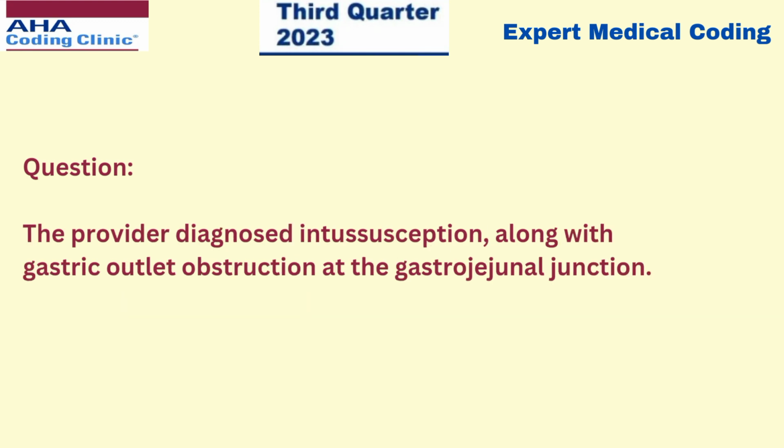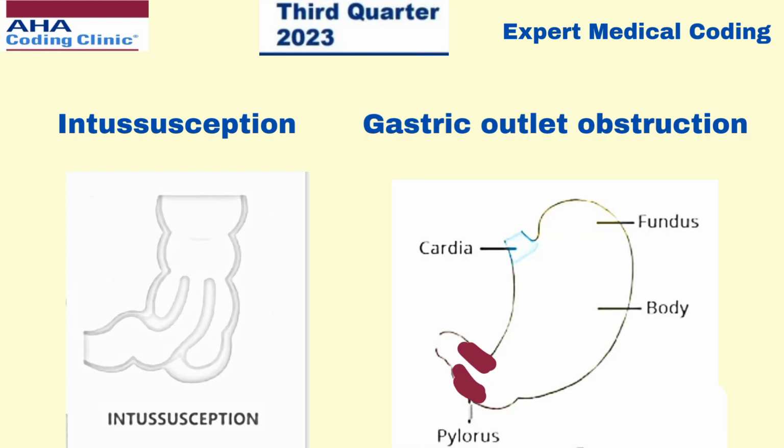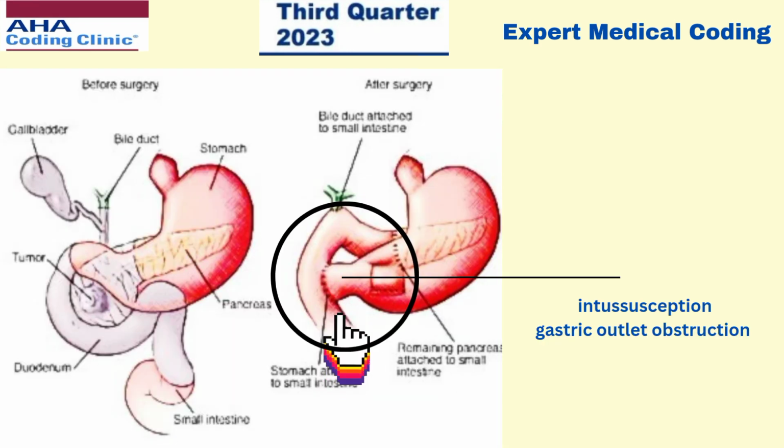The provider diagnosed intussusception along with gastric outlet obstruction at the gastrojejunal junction. Intussusception means telescoping of the intestines, and gastric outlet obstruction means obstruction at the distal part of the stomach, that is the pylorus. So as you can see in the image, the intussusception and gastric outlet obstruction at the gastrojejunal junction.